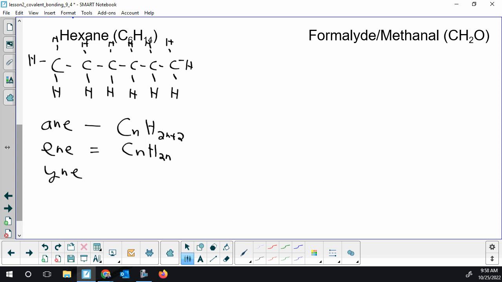The yne in Chem 30 tells you there's a triple bond, and we've got to take away another couple H's. So if you had 5 carbons with a triple bond, you'd have 10 minus 2, you'd have only 8 H's. Again, you will not get tested on any of this in 20. Absolutely in 30, I would expect you to know this.